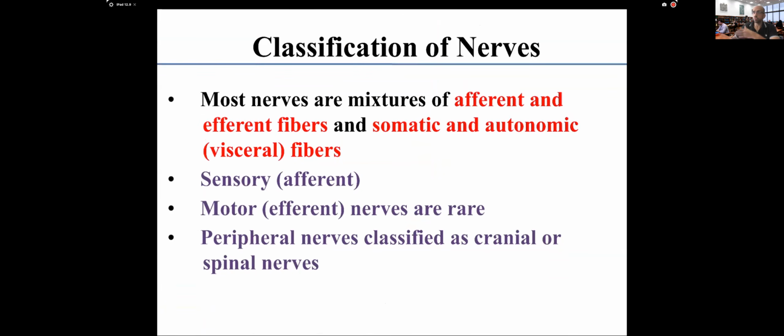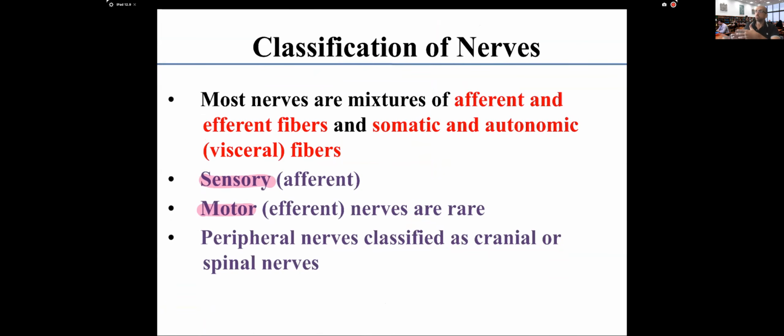We classify the nerves according to the type of signals they are conducting. If they are conducting sensory nerve impulses, they are called the sensory nerves. If they are conducting motor impulses from the CNS to the effector organs, muscles, or glands, those are the efferent or the motor nerves.